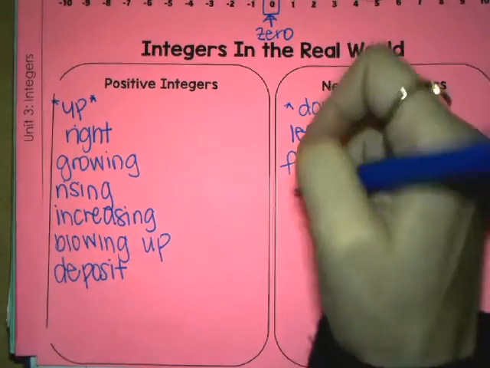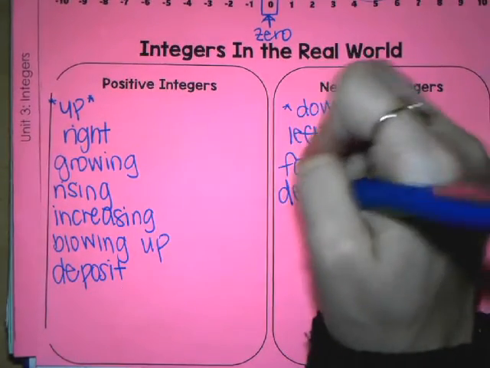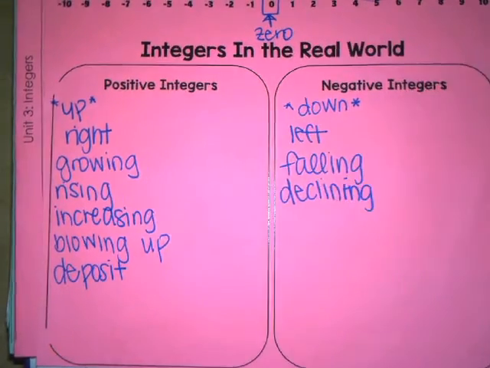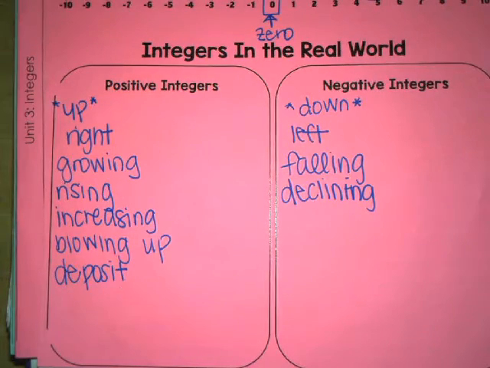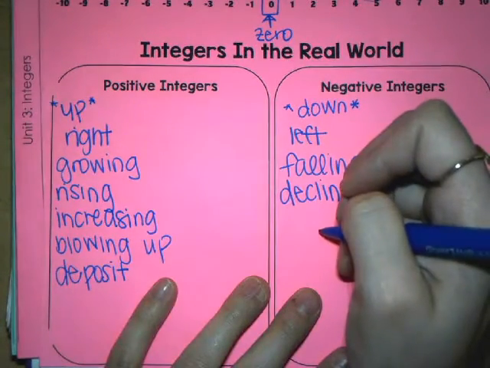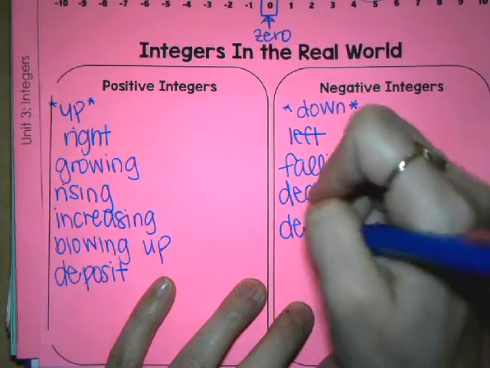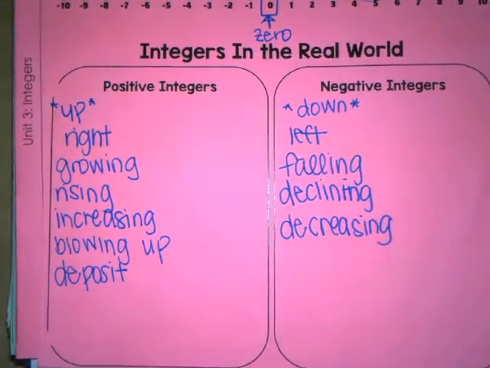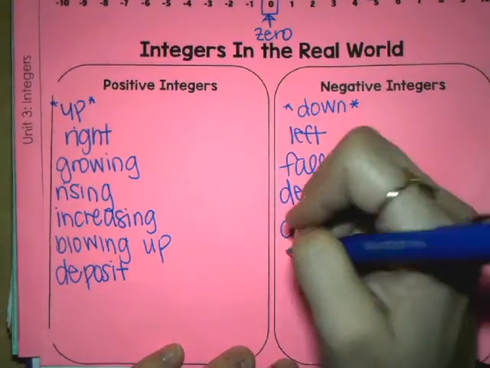Jake. Declining. Connor. Decreasing. Olivia. Shrinking.